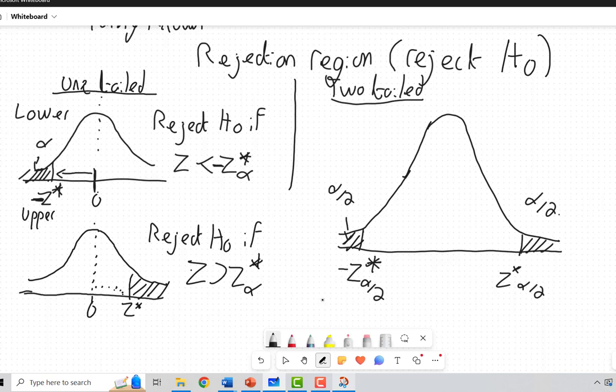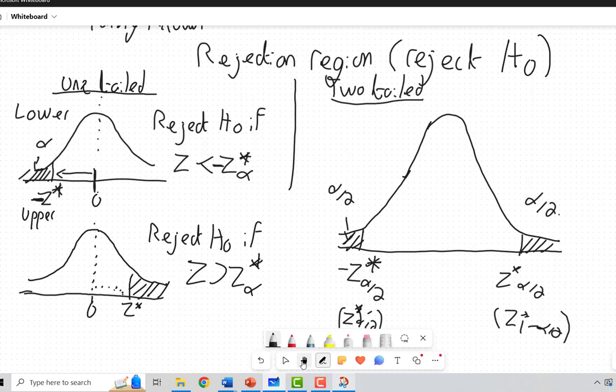Some textbooks would actually use z alpha over 2, z 1 minus alpha over 2, which is why it can be confusing. Again, going from left to right, but we're going to use minus z alpha over 2, z alpha over 2.